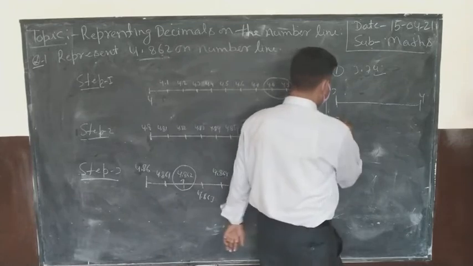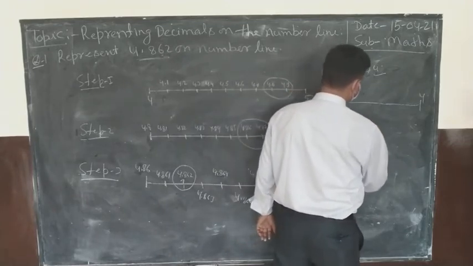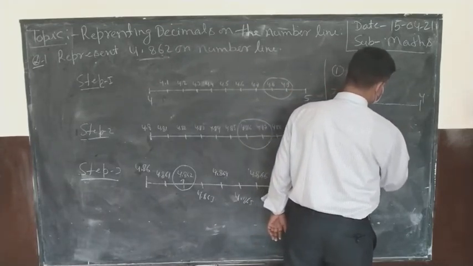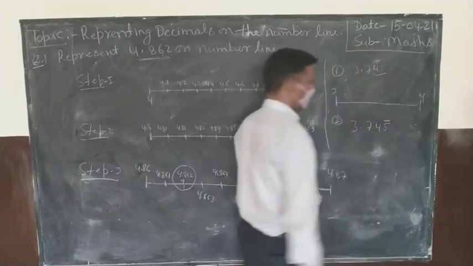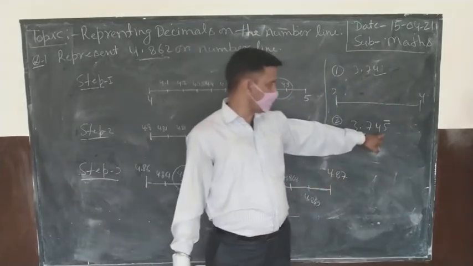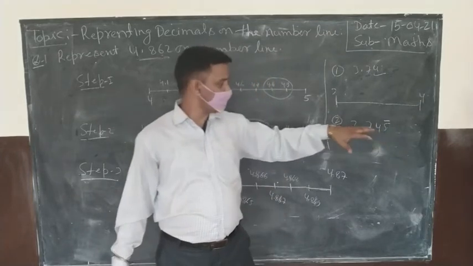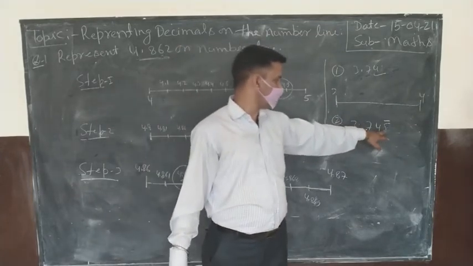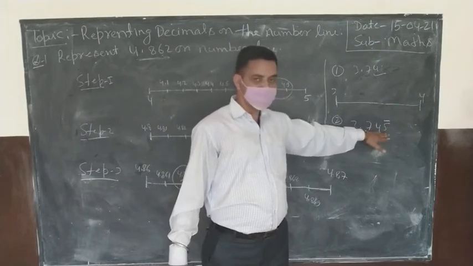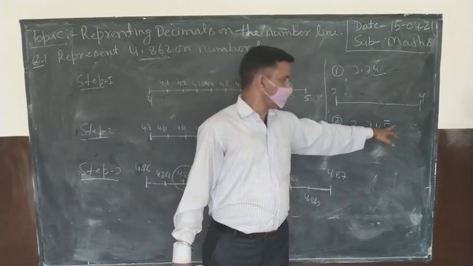Suppose question number 2 here, 3.745, and last is having the bar. So then how many places are required? Given in the question, given these steps, how many steps are required? 3 places, 4 places, 5 places.